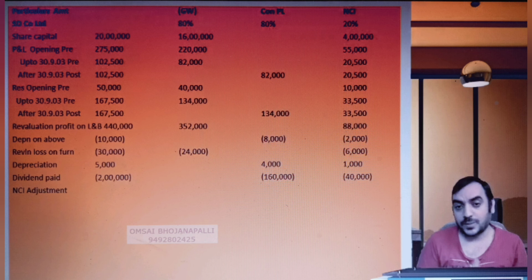Then less depreciation at 6 months at 20%. On 1 lakh, that continues to be 20,000. And on 1,50,000, 20% on 15,000. So depreciation already charged.